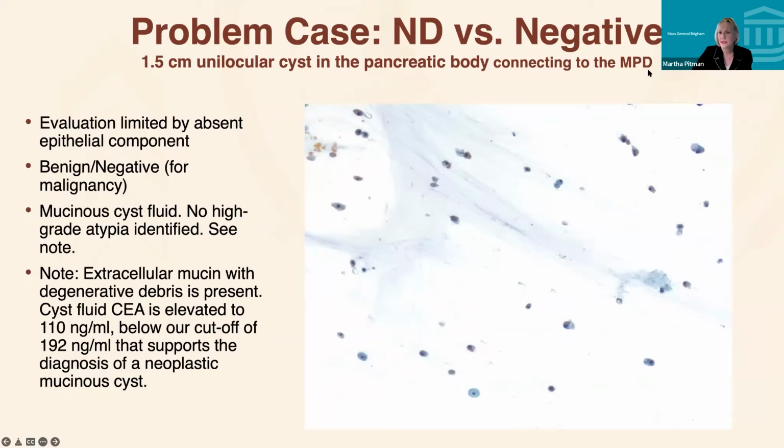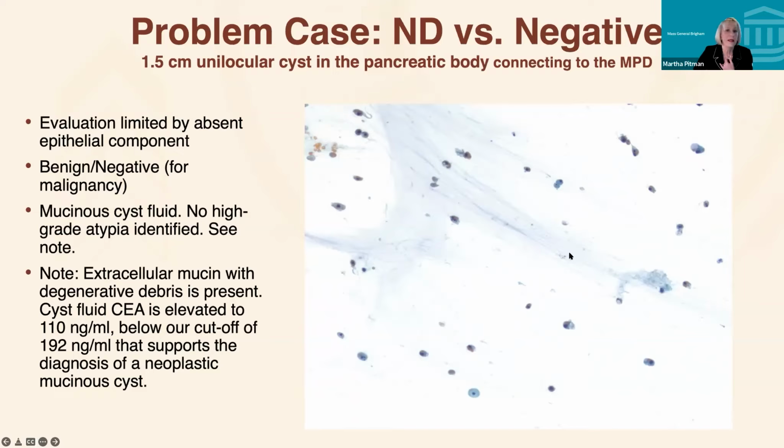That imaging characteristic tells them they're dealing with a branch duct IPMN. So am I going to say that this is absolutely negative, or am I going to say this is absolutely non-diagnostic? What's more beneficial to the clinical team? Well, they know it's a branch duct IPMN.